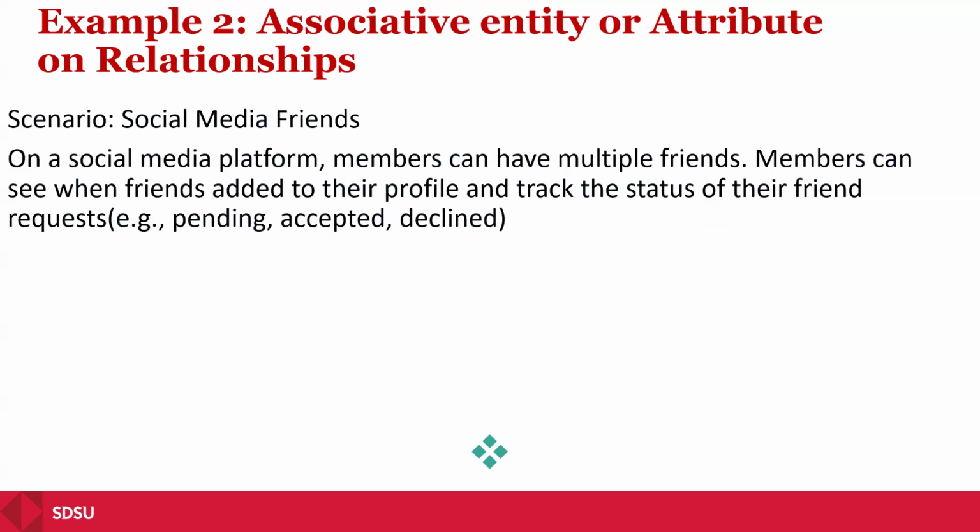All right, so let's look at another example. Let's try to identify whether we need to use an associative entity or an attribute in a relationship here. Scenario: we have a social media platform, members can have multiple friends, and members can see when friends were added to their profile to track the status of their friend requests.